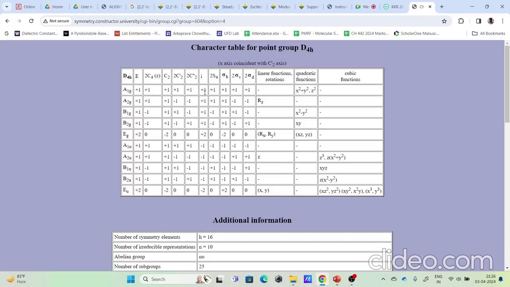Where the i is 1, meaning symmetric with respect to the center of inversion, those are only going to be Raman active. Where the i is negative, such as A2u or Eu, they have the xyz component but not the quadratic terms. But those where i is positive, meaning g, only the quadratic terms are there.